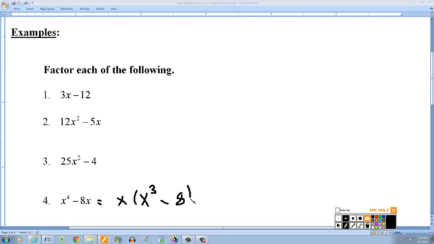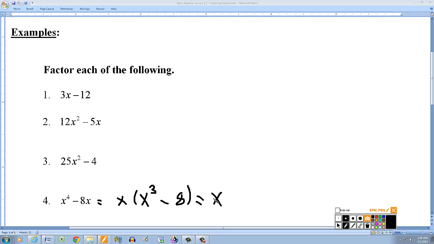Okay, so remember, I have to factor it completely. So this factors into x times x to the 3rd minus 8. But now the x to the 3rd minus 8, that's a difference of 2 cubes. So then I just put an equals here, and then I continue factoring. Okay, so I'm not going to do anything to the x, so I write that back down. But then I look at x cubed minus 8 as a difference of 2 cubes.